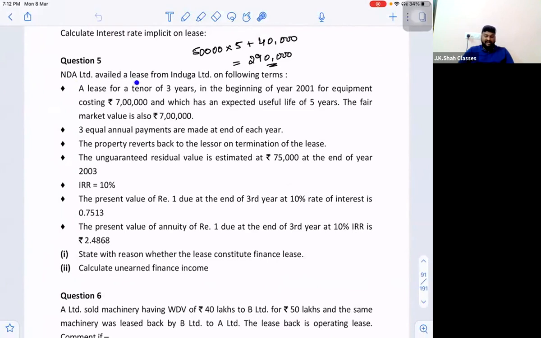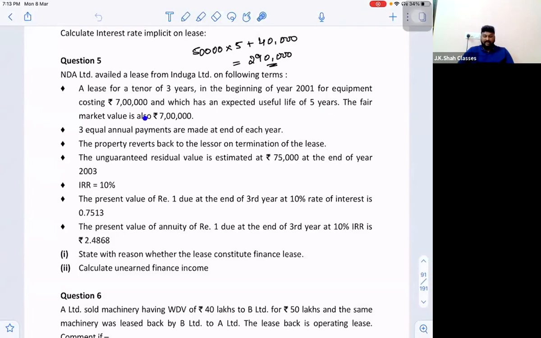NDA Limited availed a lease from Induga Limited on the following terms. So the NDA has availed the lease. So NDA is the lessee, Induga is the lessor. A lease for a tenure of 3 years in the beginning of 2001 for an equipment costing rupees 7 lakhs, which has an expected life of 5 years.